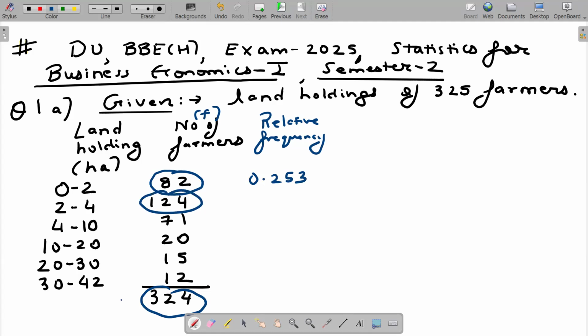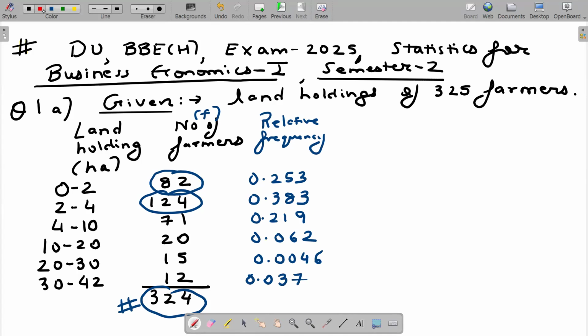Similarly, 124 divided by 324 comes out as 0.383. 71 over 324 comes out as 0.219. 20 divided by 324 comes out as 0.062. 15 divided by 324 comes out as 0.046. And 12 divided by 324 is 0.037.